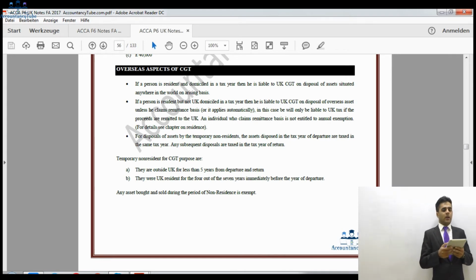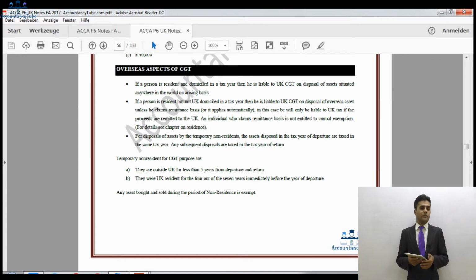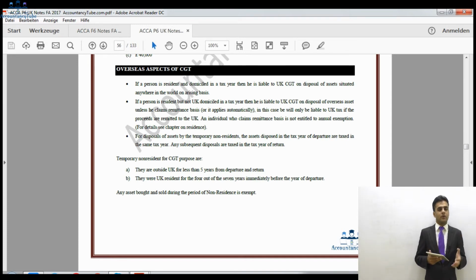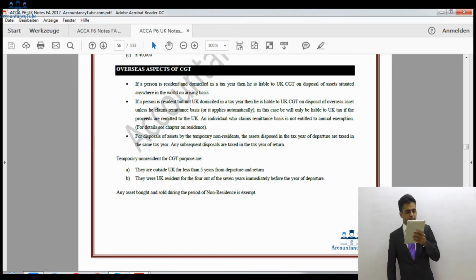Now, assets which I bought when I was living in the UK, when I was resident in the UK, will be subject to capital gains tax either in the year of departure or in the year of arrival.